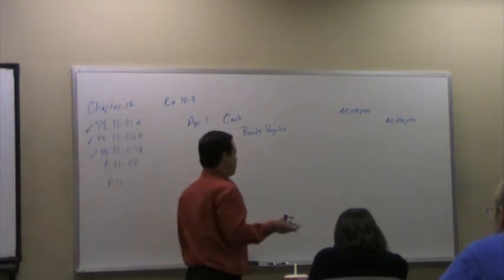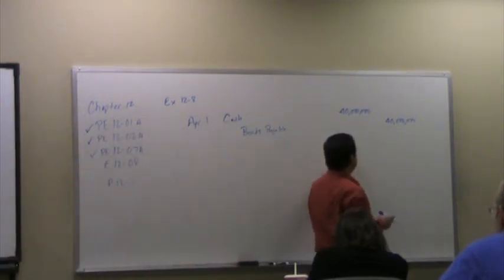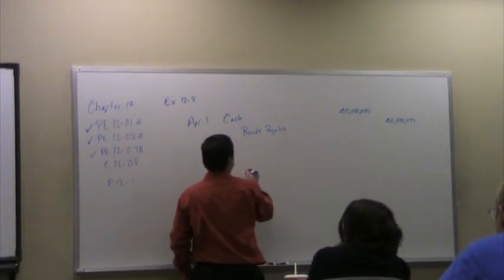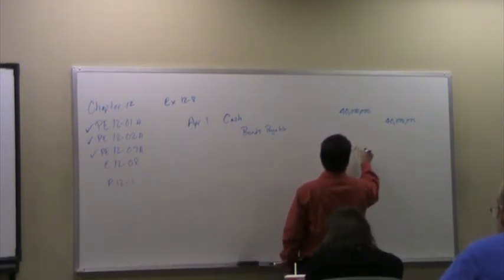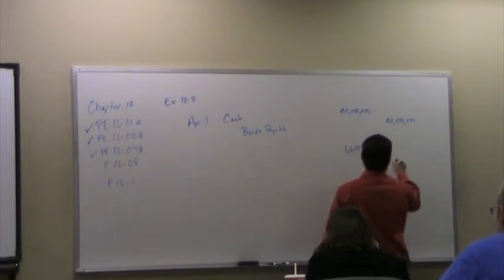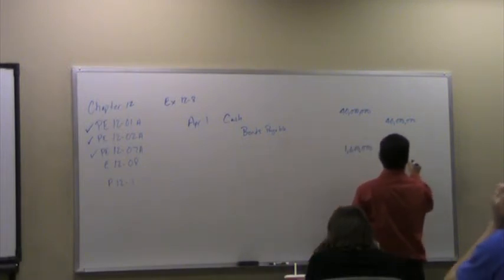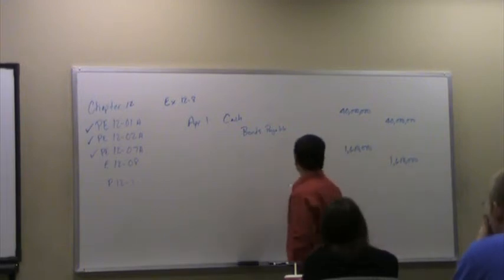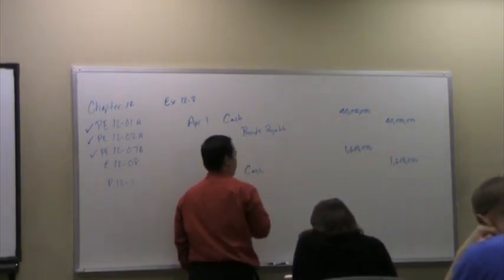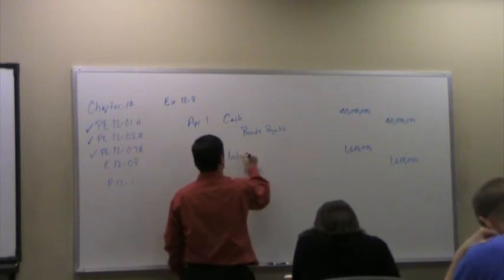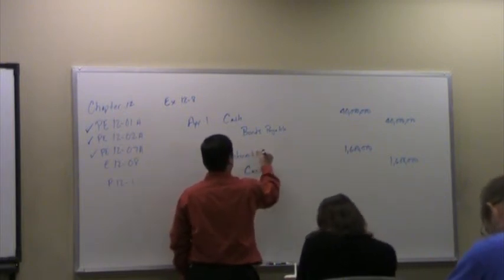So 4% of that is probably about 1.6 million. You're right. What do I use to pay for that? Cash, and then interest expense. What was the date on that one? October 1st.